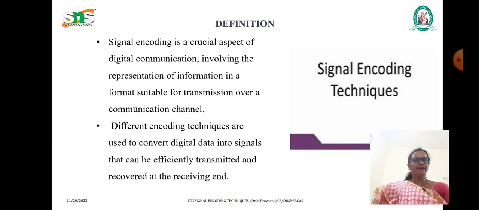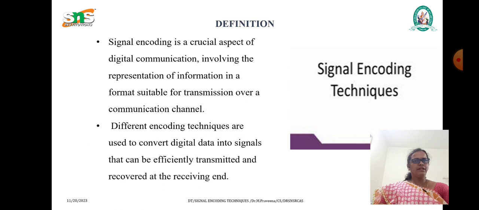Signal encoding is a crucial aspect of digital communication, involving the representation of information in a format suitable for transmission over a communication channel. Digital transmission consists of bits, that is, binary digits, which are zeros and ones.